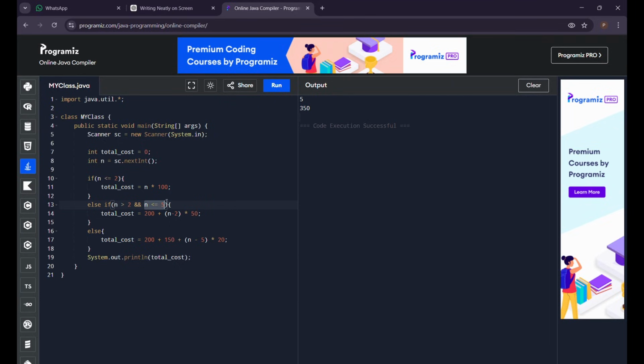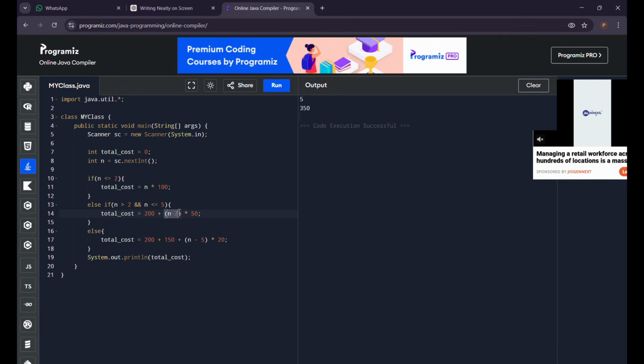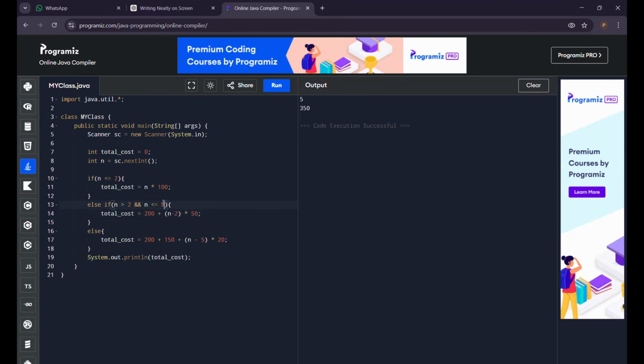So if n is between 2 and 5, we are going to calculate the total cost as 200, that is fixed from the first condition, and for the remaining hours, that is total hours minus the first 2 hours, we are going to multiply it with 50 rupees. Using this condition, we will get the new total cost if the number of hours exceeds 2 hours.